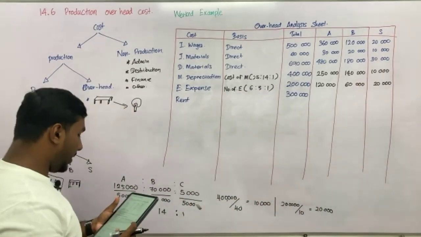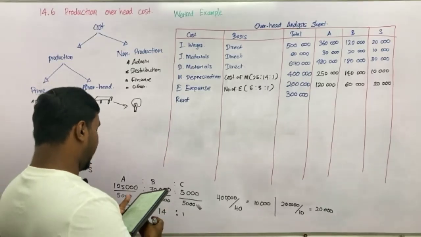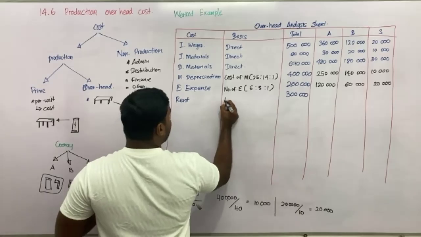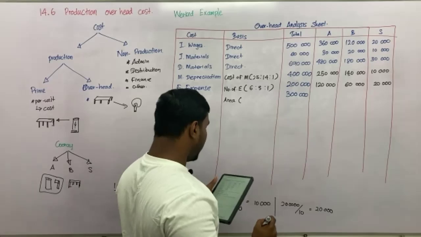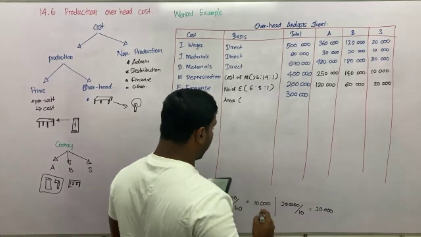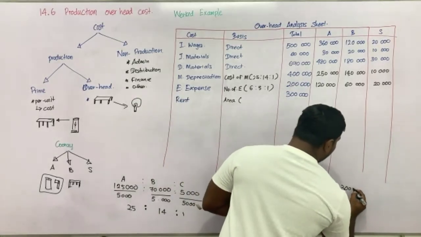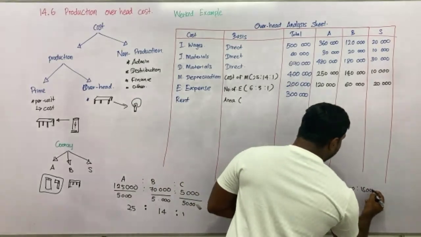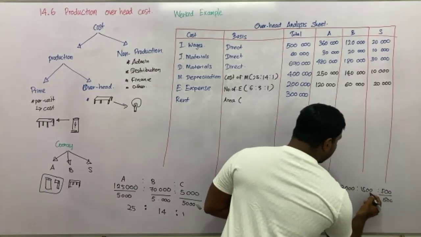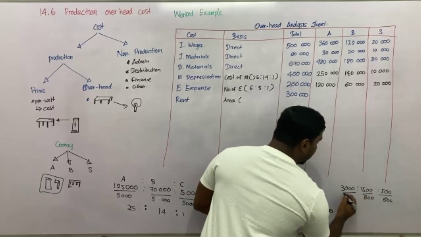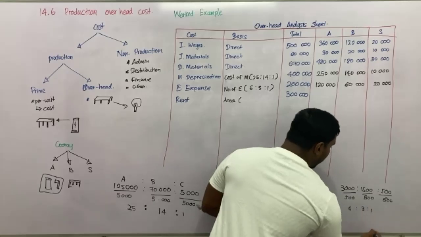Okay, rent. Rent can be appropriated based on the area. The area is given as 3,000, 1,500 and 500. So you can divide these three numbers by 500, which simply means 6 into 3 into 1.